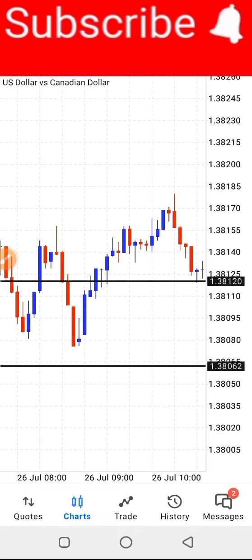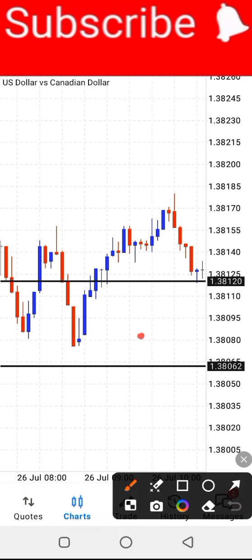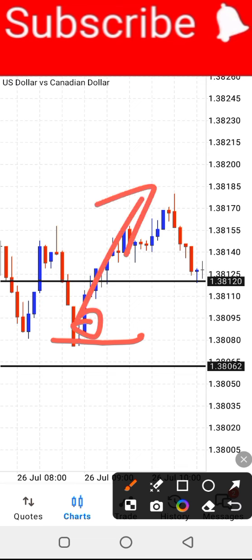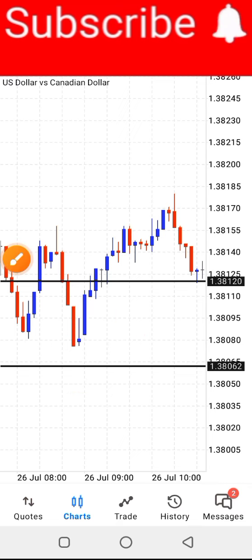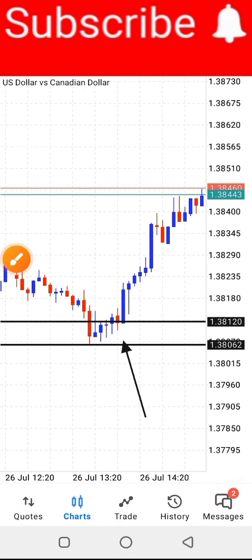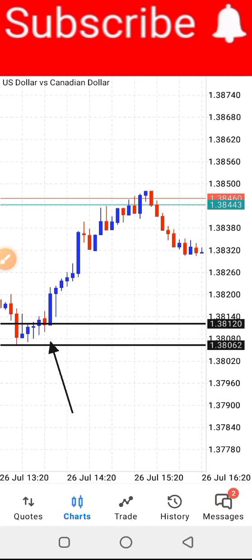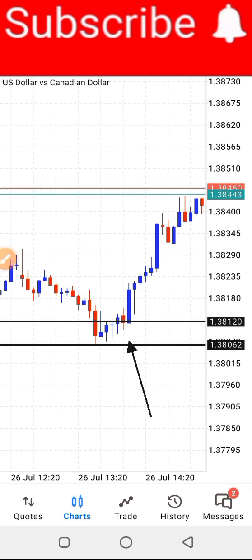Those that enter their trades here in order to buy, their stop loss will be resting below that level. So price will want to go below the level in order to tap those stop losses. You understand? Some people will place their stop loss at the other extreme of the fair value gap or the zone, be it supply or demand.